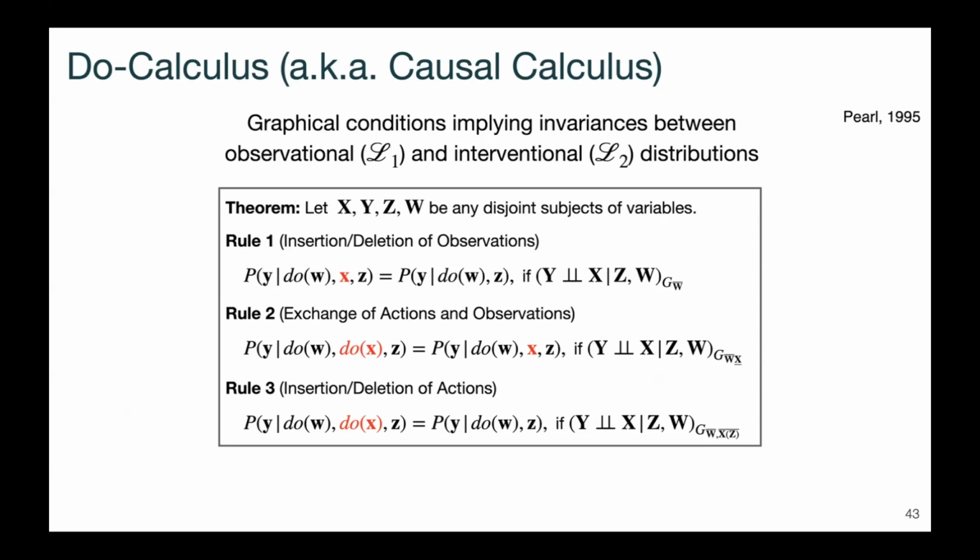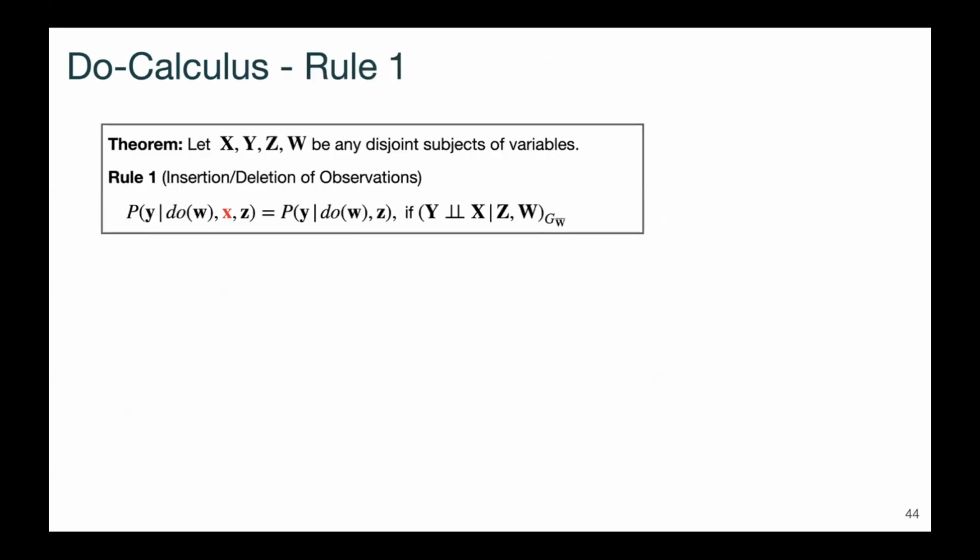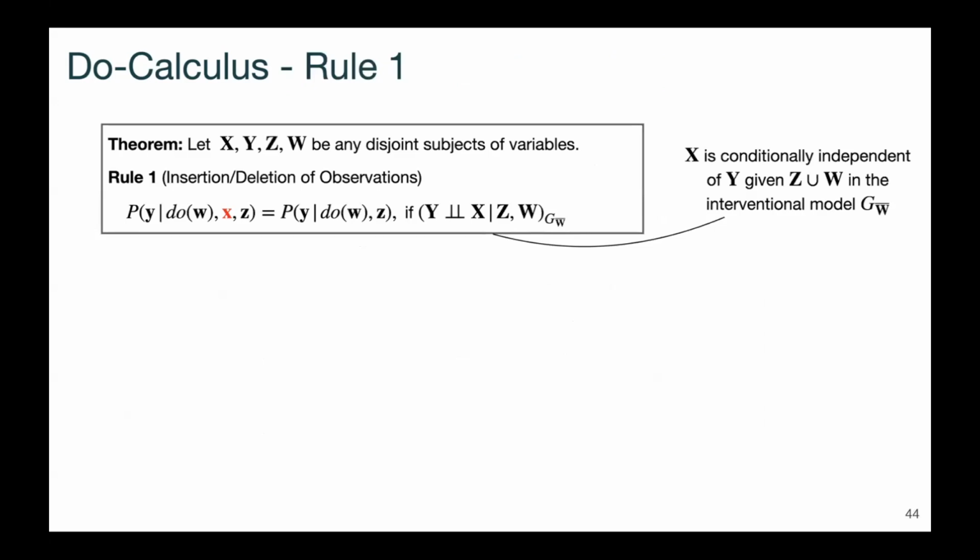So let me try to go at least over some examples. Rule 1 is related to conditional independence in the interventional distribution.